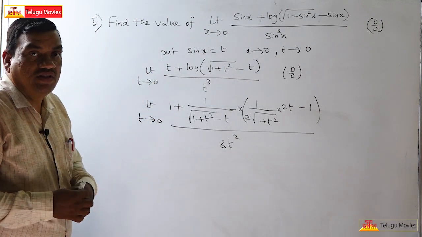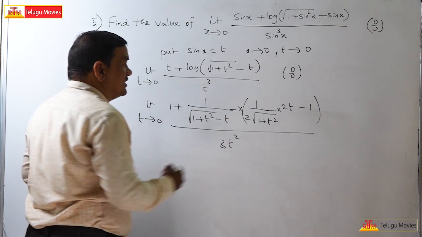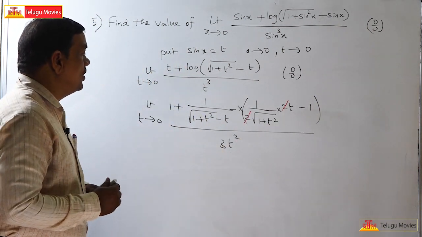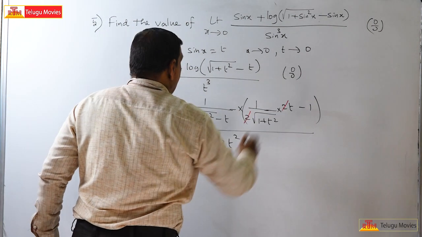First, let us simplify this. Any more cancellations? I am seeing one cancellation here. 2 will get cancelled. Now, let us do the cross multiplication here.